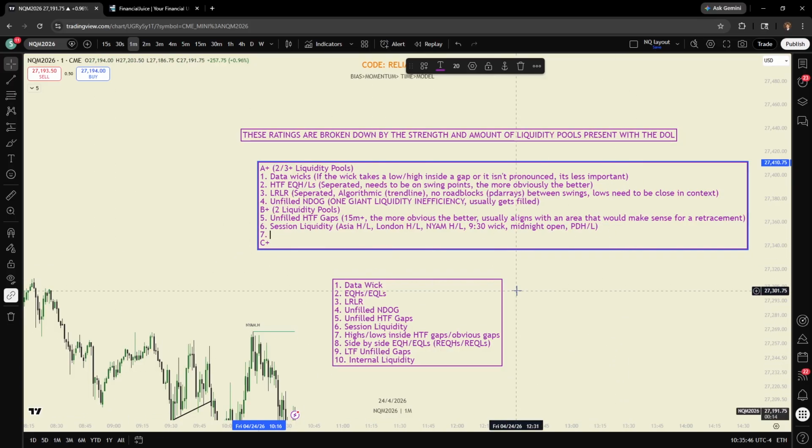Number 7, you have highs and lows inside higher time frame gaps or obvious gaps. Can somebody tell me why this specifically would have 2 liquidity pools? What are the 2 liquidity pools?